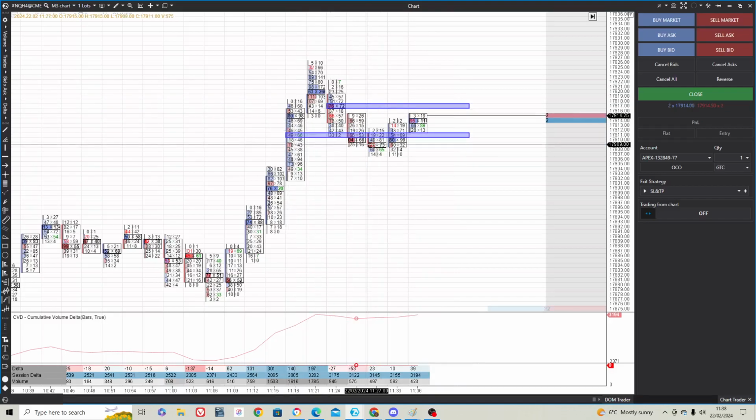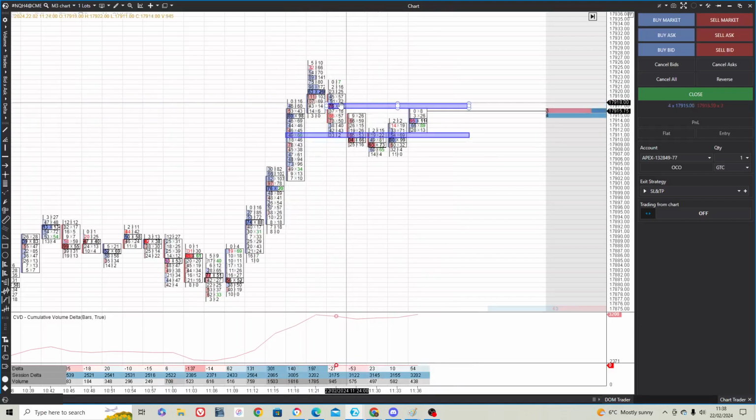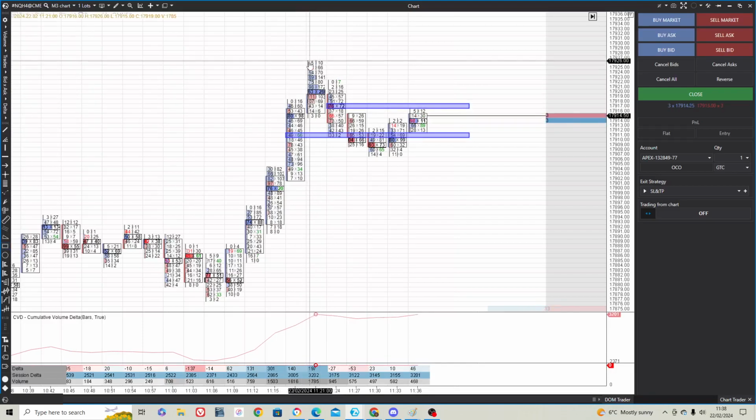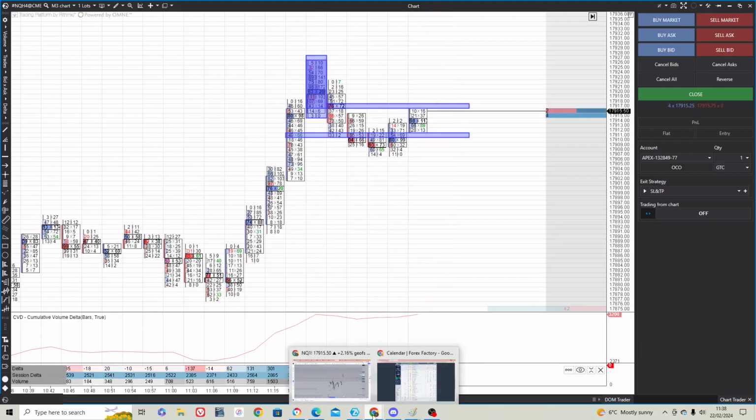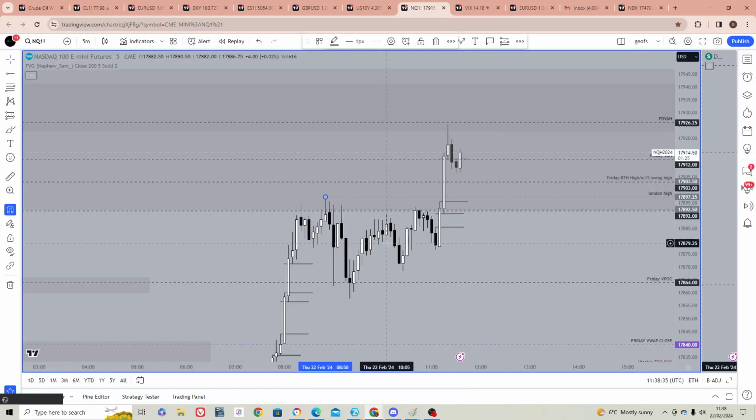Now, given we did break this, that is the first sign of weakness, but we don't have negative delta yet on this node. We did have what looks like absorption on this candle. Just a reminder, setup 1 rules has to be in line with a bias and a good context, a good narrative.